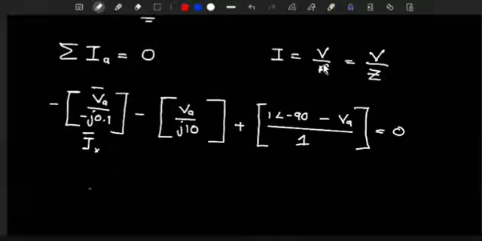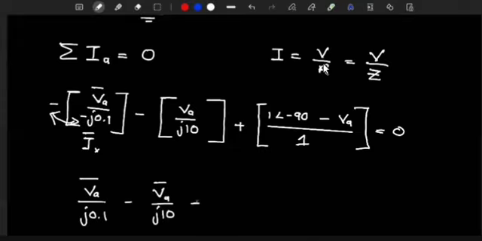Or first I can say this negative and this negative will make positive. So I have VA over J 0.1, then this will still be minus VA over J10, and then this side, I'll have plus 1, phase minus 90, minus VA, equals 0.